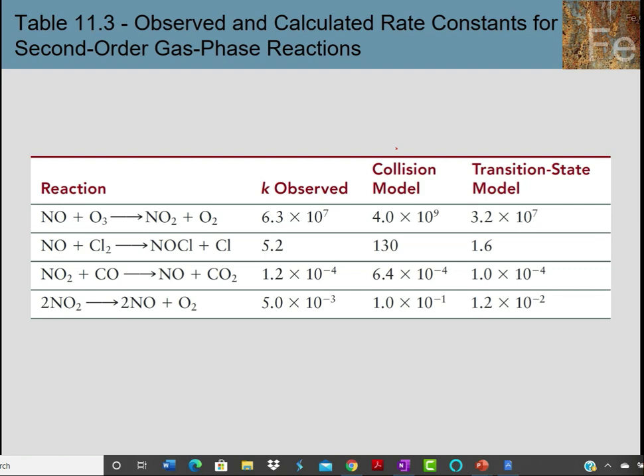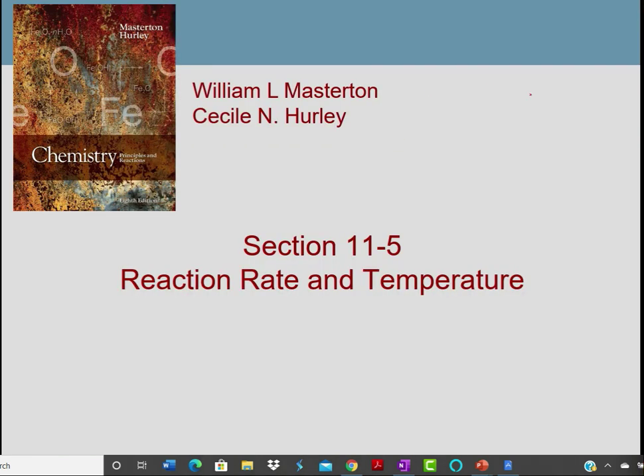Okay, so let's dive into the real mathy part of this PowerPoint, and that is, how does temperature relate to the reaction rate? Well, looking at what we just did, you should know that as you increase the temperature, the reaction rate is going to increase.